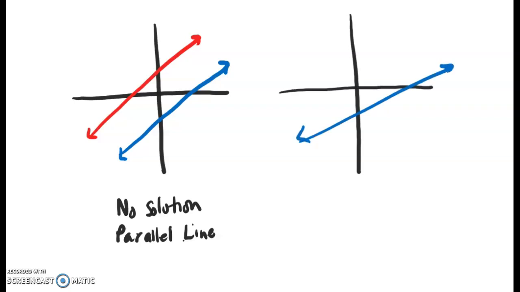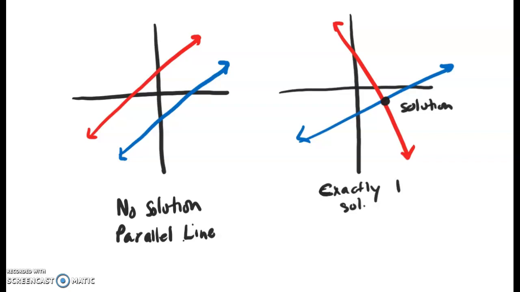We've already seen that it's possible that when you graph the two lines, they intersect at a spot, and that spot where they intersect is considered the solution. And so we're going to add that to our chart here. And we're going to say that there is exactly one solution. And so this we called a consistent system.